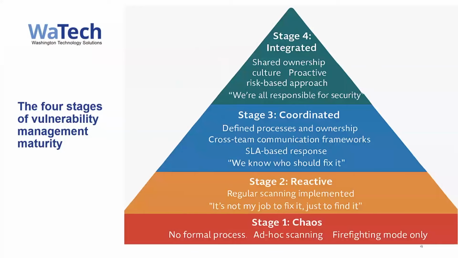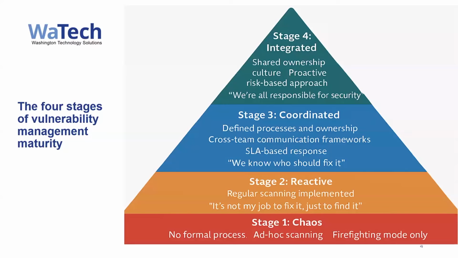I know there are lots of models for vulnerability management maturity, but this is my version, based on Maslow's hierarchy of needs, where the bottom of the pyramid is the lowest level and you're trying to move up to the top.